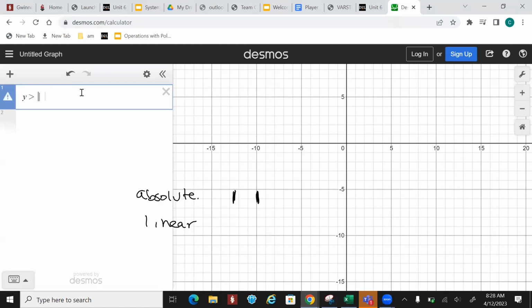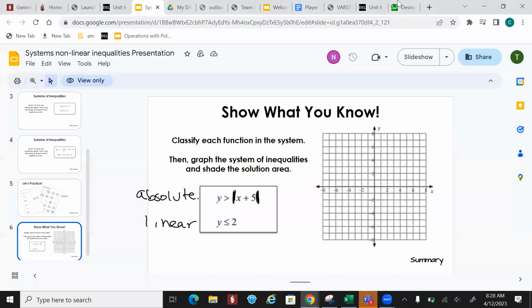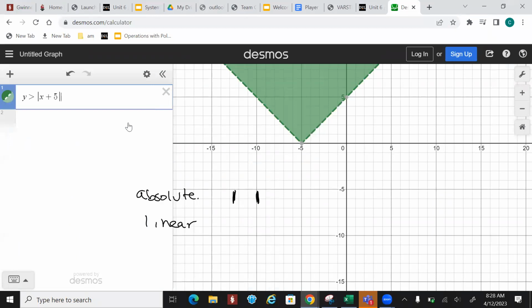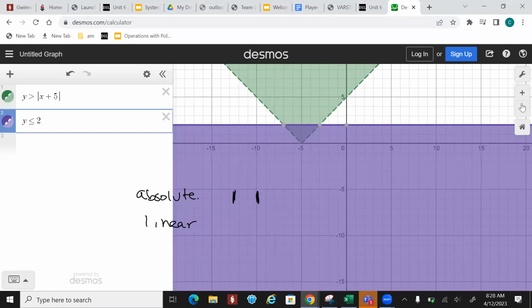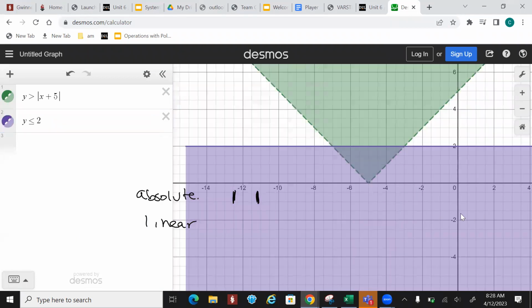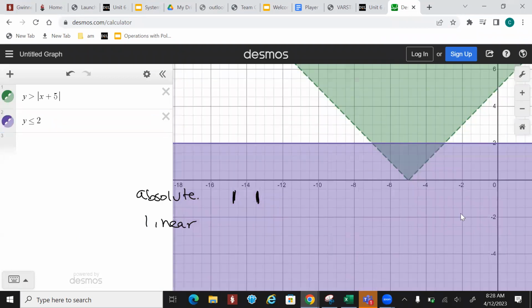Y is greater than the absolute value of x plus 5. And then the other one is going to be y is less than or equal to 2. Ta-da! Okay, now remember, the solution is where they overlap. So it would only be in here.